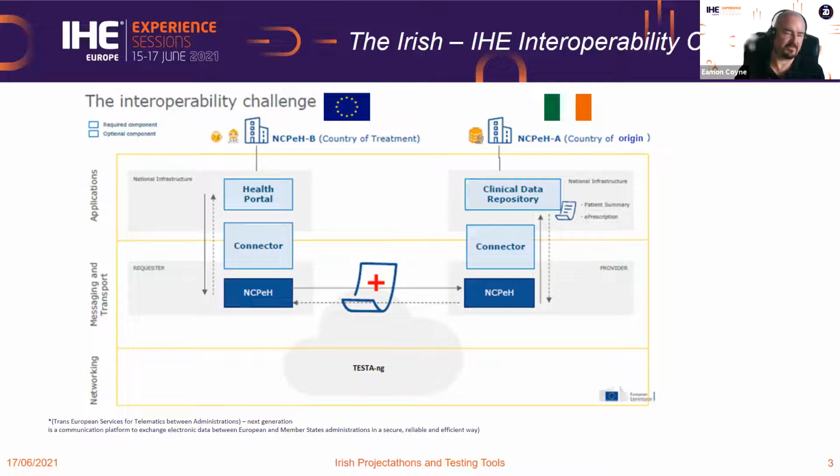The pharmacist logs on to the platform of the National Health Infrastructure, sends the request back, and sees that my wife has a repeat prescription for Ventolin inhaler and can dispense it at the point of care. So those are the two use cases, and this calls out the levels, the application layer, the messaging and transport layer, and the networking layer that have delivered these services.